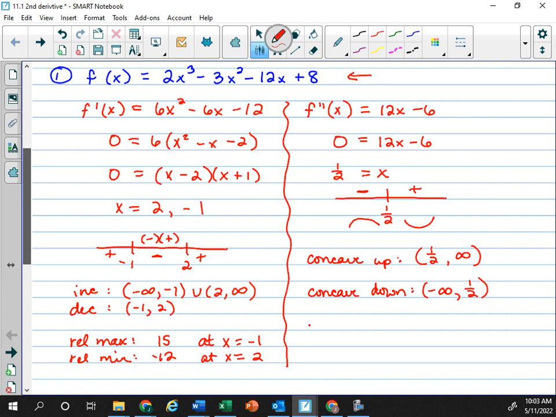So your point of inflection, you can write as an ordered pair. So we know the x value is 1/2. How do you find the y value? Okay, I'll give you a minute to do that by hand, okay?